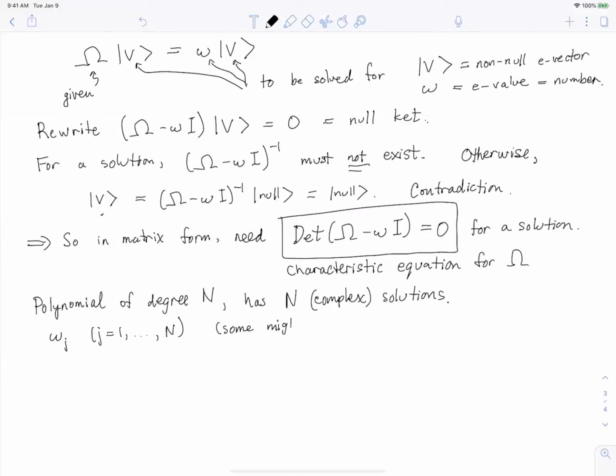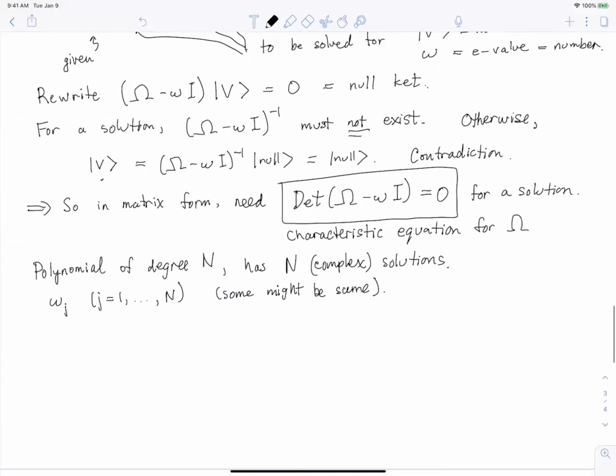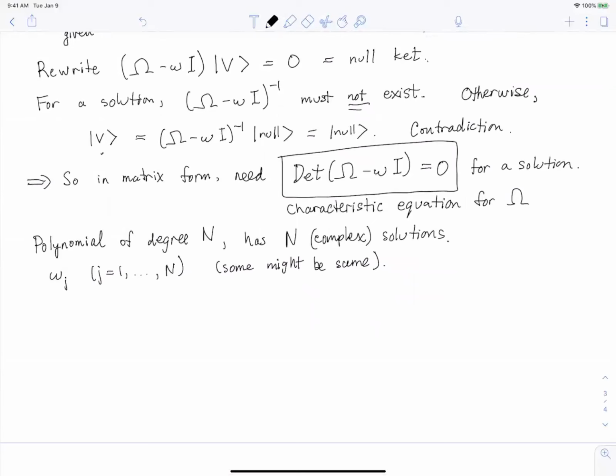The fundamental theorem of algebra allows that to happen. But if you count them with multiplicity, then there have to be n of them. So there's an algebraic equation you can solve.